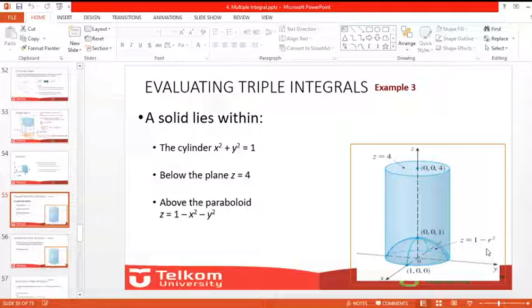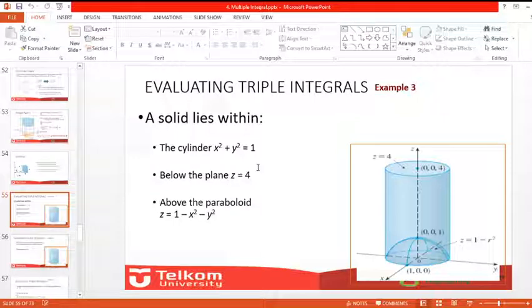The boundary means z goes from 1 minus x square minus y square to 4, so z is bigger than this one and less than 4.